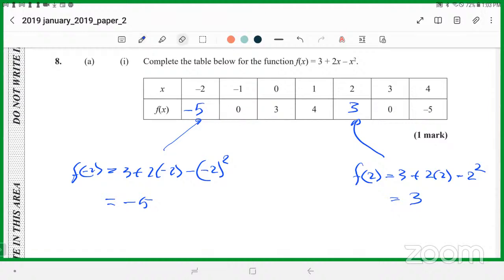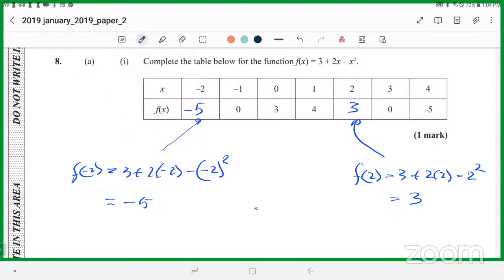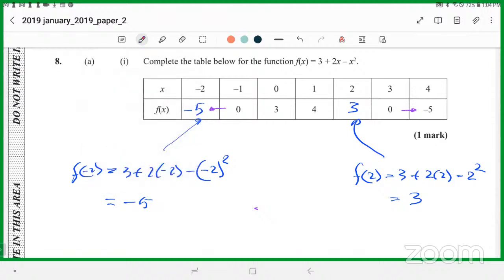Let me color code it: this outwards from here is the same as this outwards from here, and I'll use red for the other side. This one inwards from the 0 must come this way also from the 0. The values are symmetrical about the axis of symmetry.